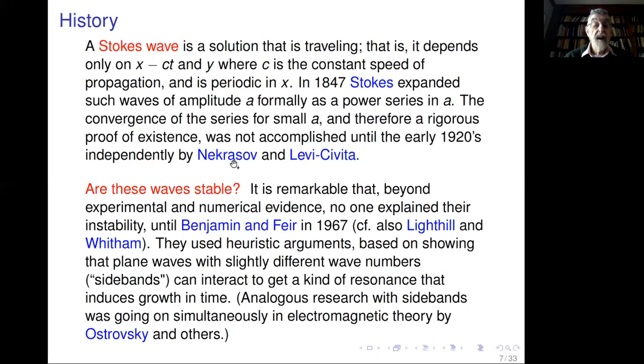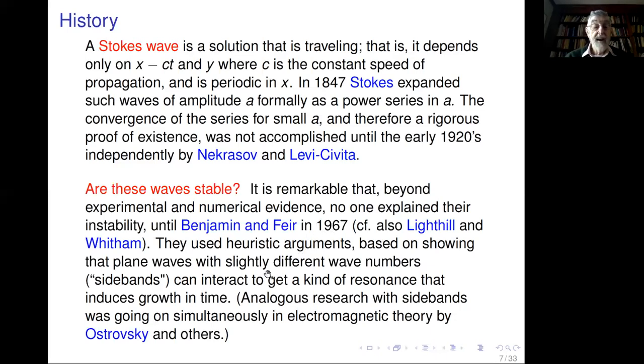Stokes waves. And now the question is, are these waves stable? So there was evidence that they might be stable, but for the kind of perturbation I'm talking about, they're not. And that was discovered basically by Benjamin and Feir in 1967. So that's about half a century ago. And that was kind of an applied math, relatively heuristic type of argument, where you throw in a plane wave and you sort of look whether things are getting big or not.